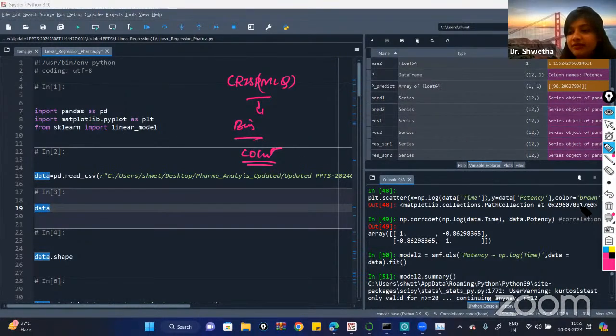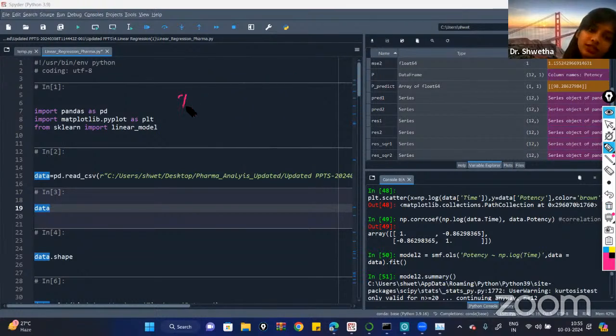After collecting the data, we are pre-processing the data. Data preparation. If there is any missing value, outliers, or any analysis, we can do it in the data preparation phase. Then we can go for EDA, which is exploratory data analysis.